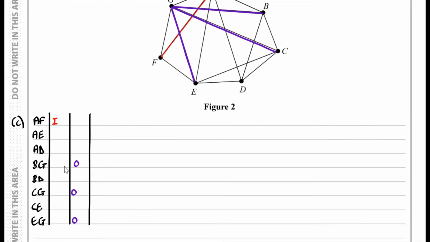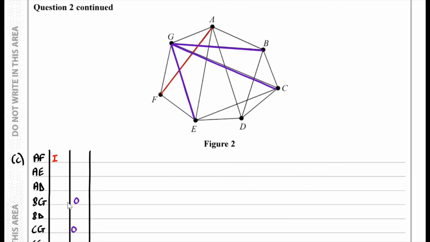And then we look at these edges and we look at what crosses through them. So if we consider the edge BG, we'll do this in green. Let's draw it straight.